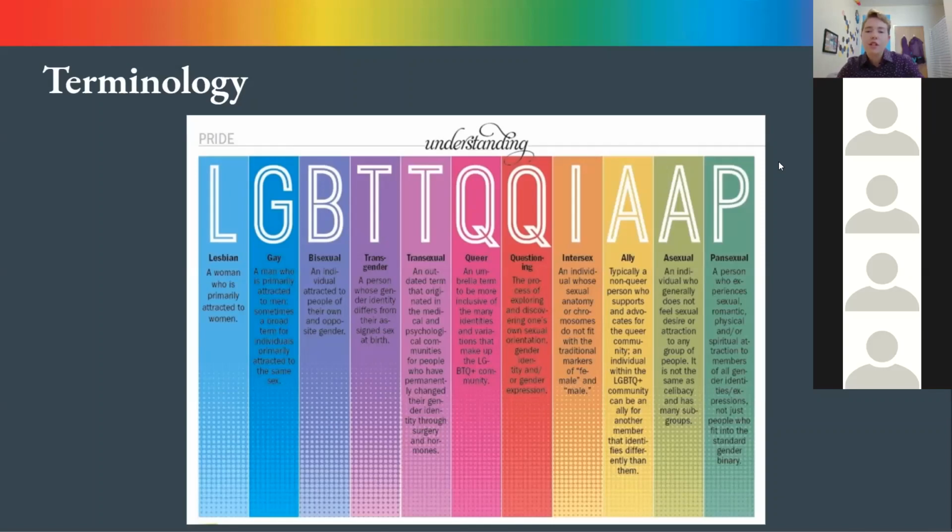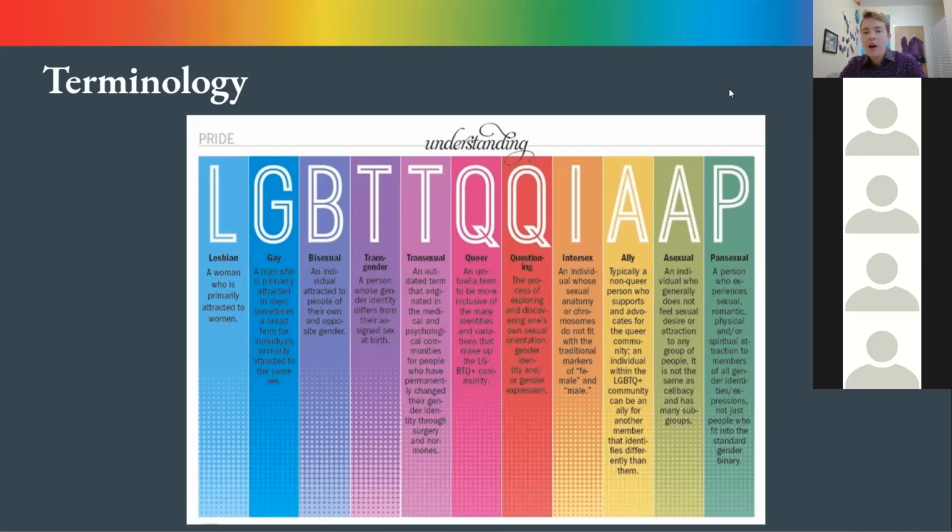Next we have questioning. That's not a term that is often in the LGBT acronym, but sometimes it is, and it's just somebody who isn't sure yet if they are part of the LGBT community or not. Next we have intersex. Intersex is an individual whose sexual anatomy and chromosomes do not fit with the traditional markers of male or female.